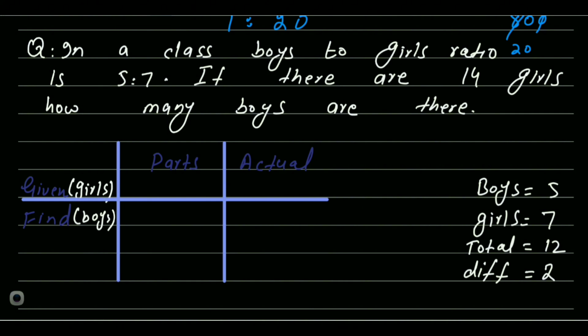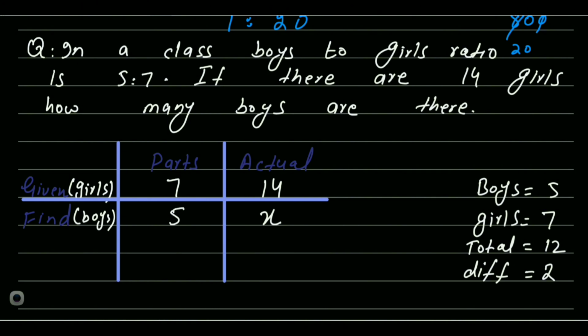What is the actual value of girls? 14. And what is the part of girls? 7. We have to find the actual value of boys. We will suppose it as x, and the part of boys is 5. So this is the way we will fill these boxes.